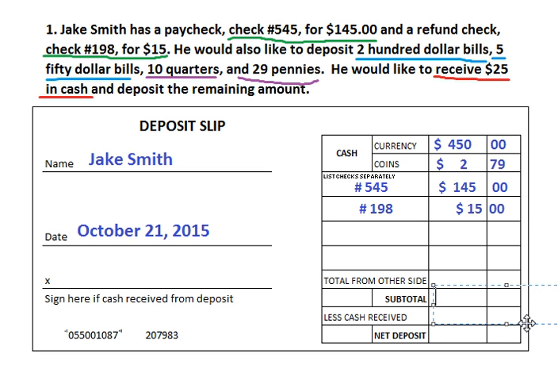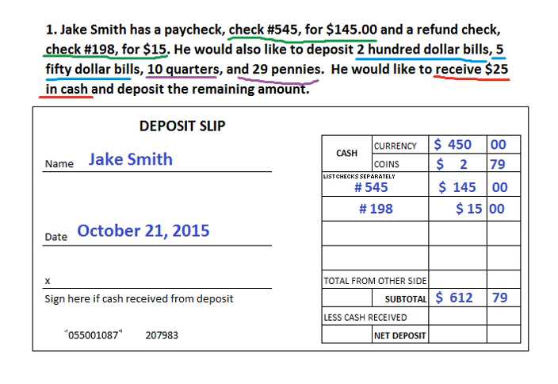I am adding up all four of these numbers right here. You've got to add them all up to find the subtotal. Okay? I added them up. I can now write in my subtotal, $612.79. So we're not finished yet, but we're getting there.